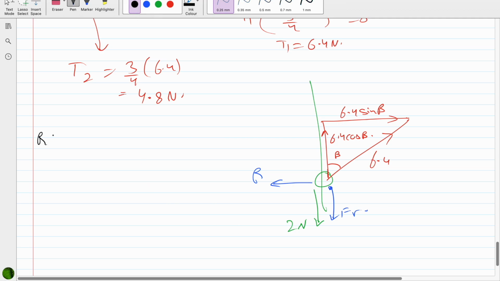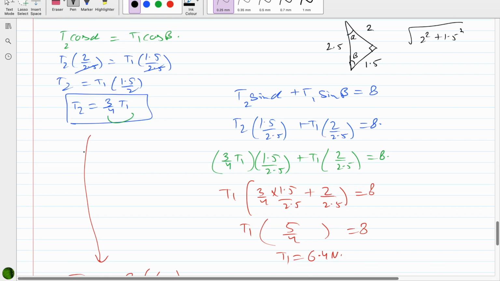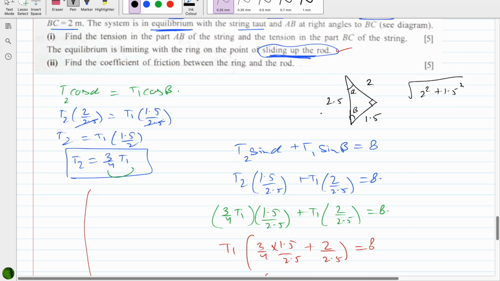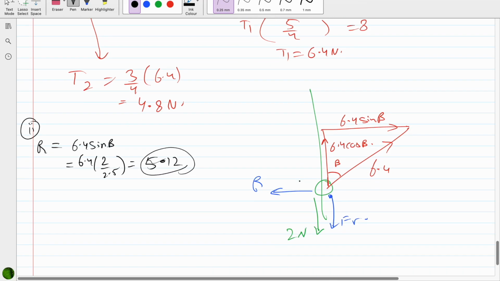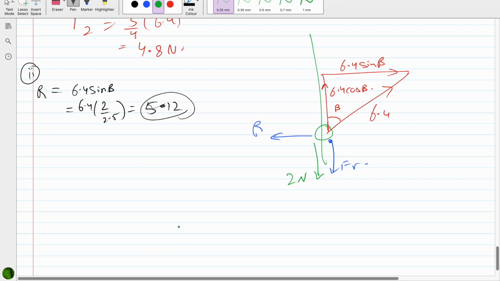So left hand side is equal to right hand side: 6.4 sine of beta, and we already know from the same triangle that sine beta is 2 by 2.5. 6.4 into 2 by 2.5, simplifying it, gives me 5.12. So I have R. Now we can write the vertical forces.